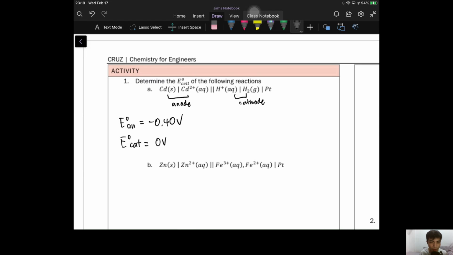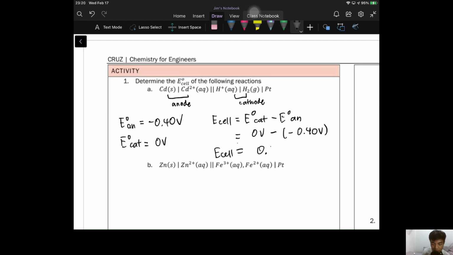So, ngayon, alamin natin yung voltage ng cell natin. So, that will be E cell equals E naught cathode minus E naught anode. So that will be 0 volts minus negative 0.40 volts equals 0.40 volts positive.